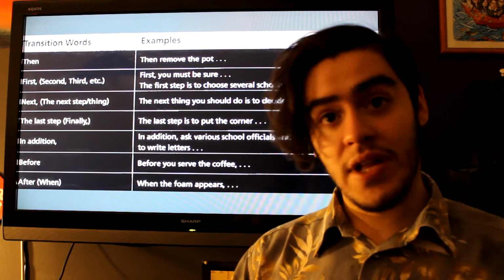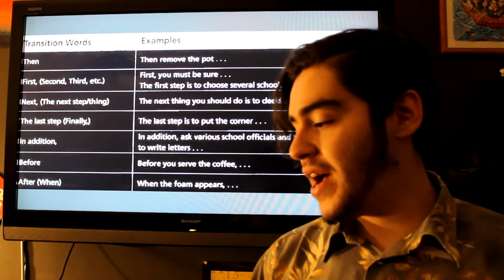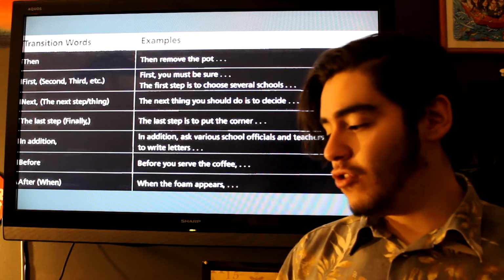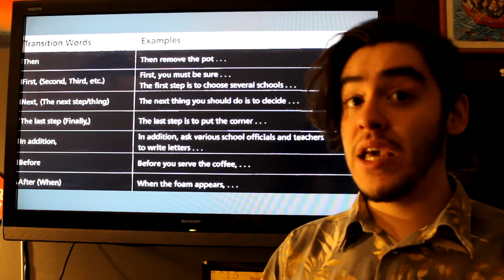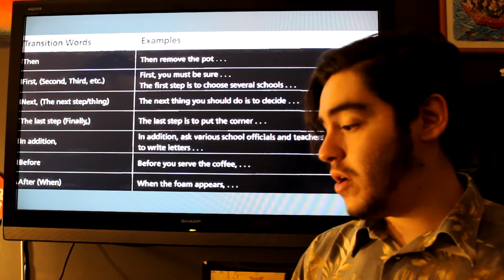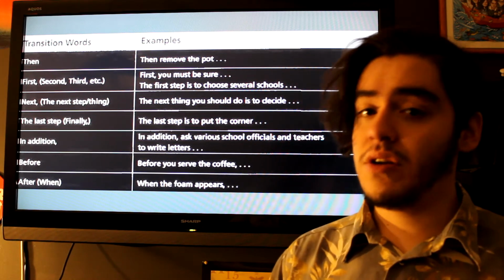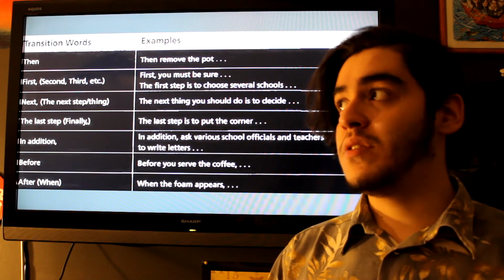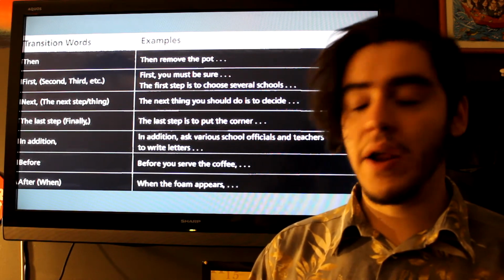And as an example shown here, we have some important transition words such as first, followed by second, third, etc. And also the last step, and finally, which mark the beginning and the end of the paragraph. Also, in the middle we have transition words such as then, in addition, before, after, when we need to make a more descriptive sequence of events in the middle of the paragraph.